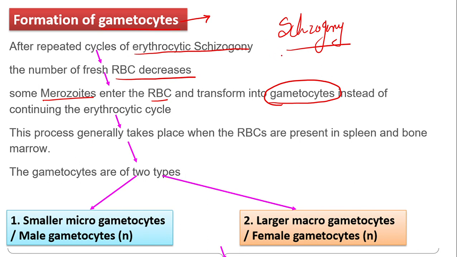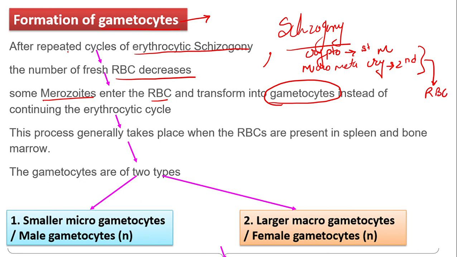So what will happen? एक तो हमारे पास option था कि merozoite is going to enter. कौन से merozoite class हमने देखे थे? Cryptozoite, that is your first generation merozoite, and then your micrometacryptozoite, that is your second generation. Okay, these all are going to enter into RBC, right?